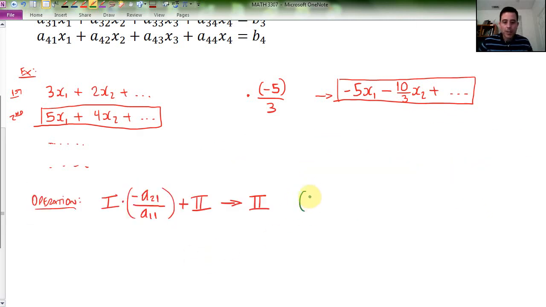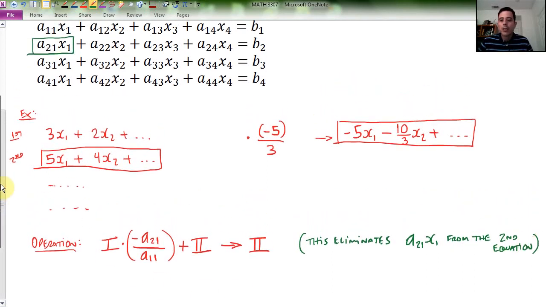So this eliminates the a21 x1 from the second equation. Okay. So that will eliminate that. How do we eliminate this guy here?